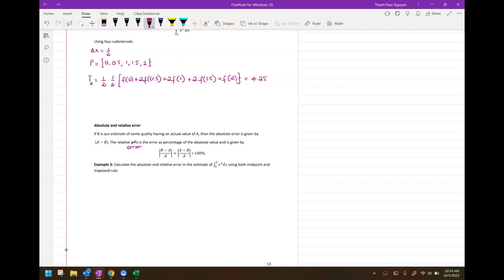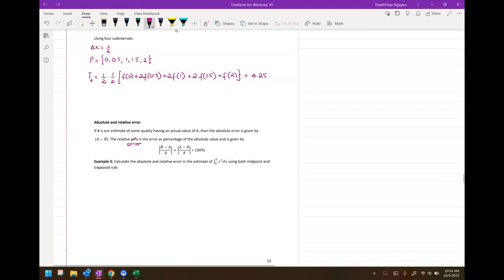So let's calculate the absolute and relative error in the estimate of the integral from 0 to 2 of x to the third dx, using both the midpoint rule and the trapezoid rule.